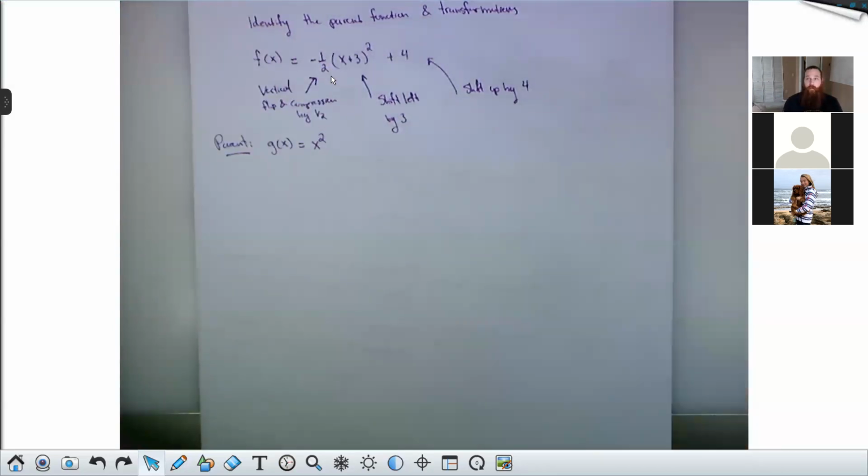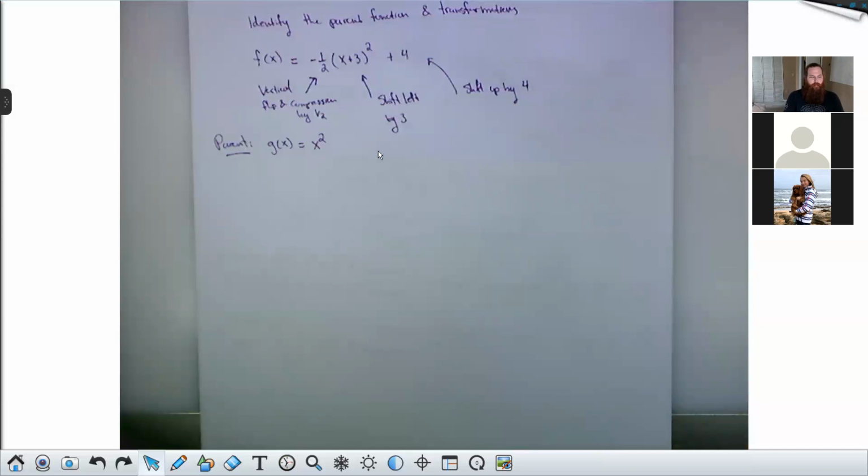Here's the place where this stuff gets challenging. You have to choose the order. Should I do the shift left 3 and then up 4 and then flip and then compress? Or should I compress, flip, shift, and then shift? Does it matter? The answer is yes, it does matter. And you can kind of think about it as an order of operations thing.